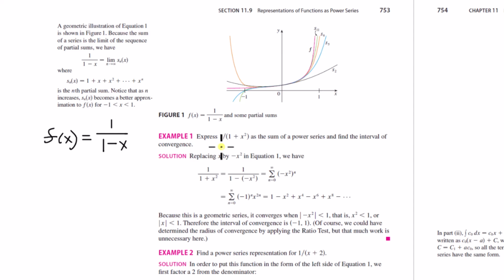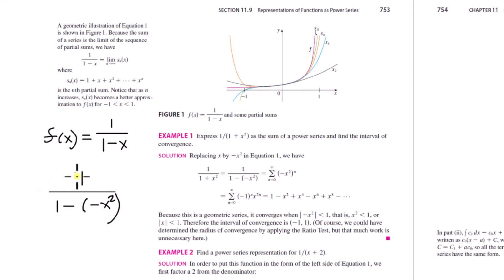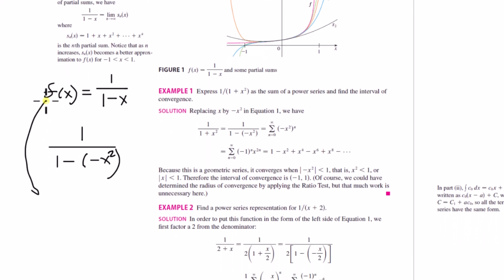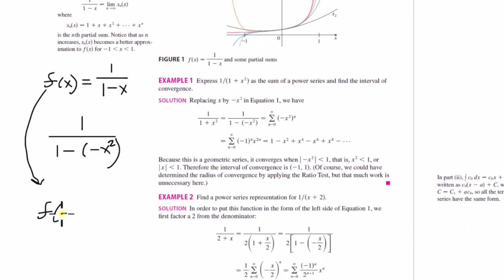Well, okay, they say look at 1 over 1 plus x squared. So we can think about that, 1 over 1 plus x squared is what? That's just this evaluated at minus x squared.